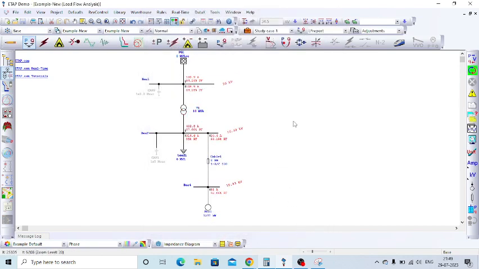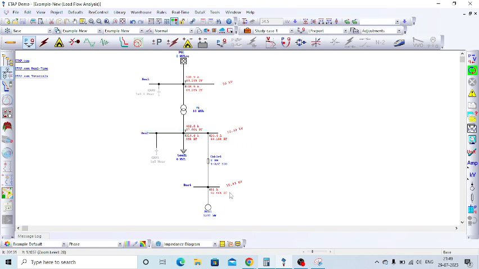So it will try to maintain the voltage closer to 11 kV, so it will improve the voltage. Okay, so the transformer is trying to maintain the voltage at this bus 2 only.